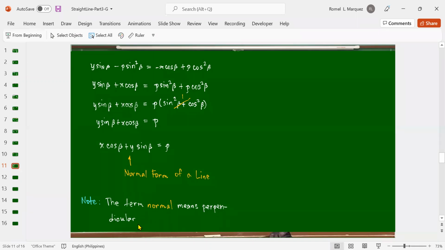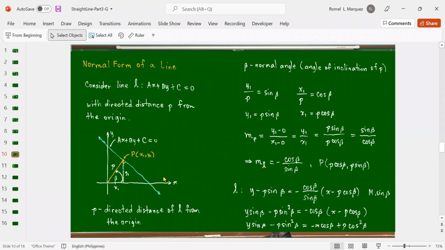Clear, guys? So that is what it means, perpendicular. That's why this line is perpendicular to that P.